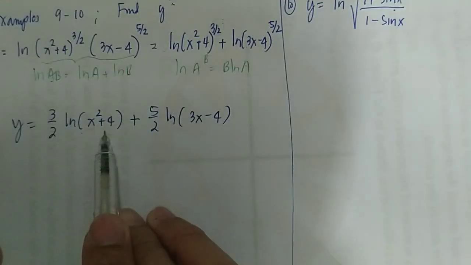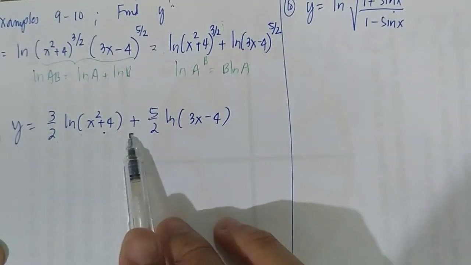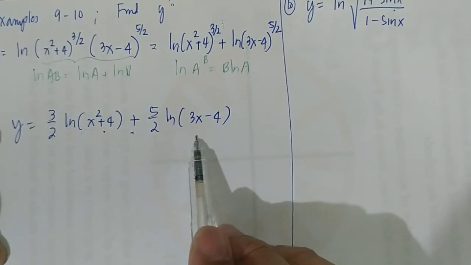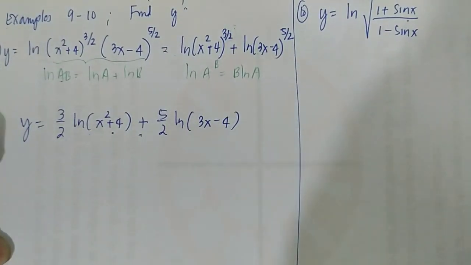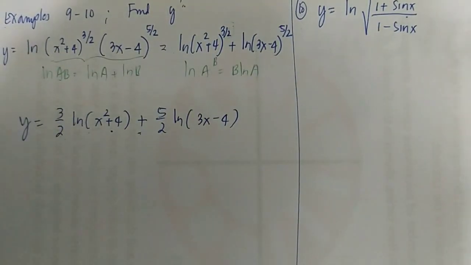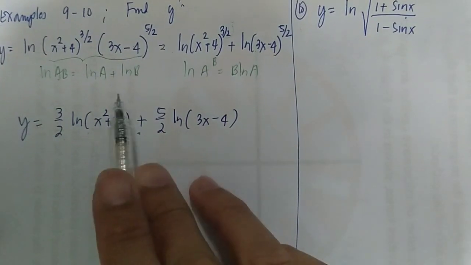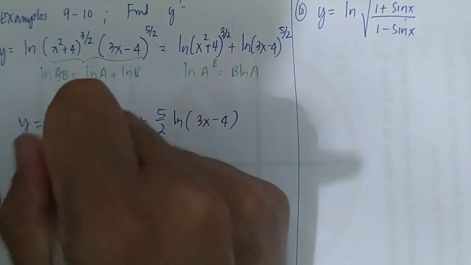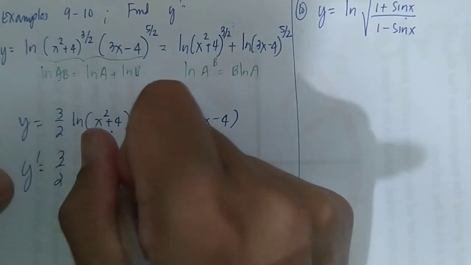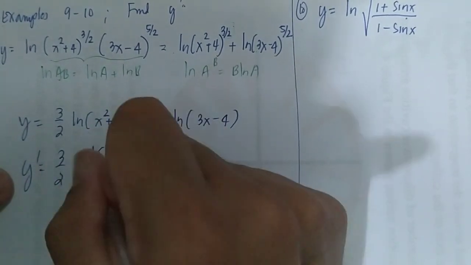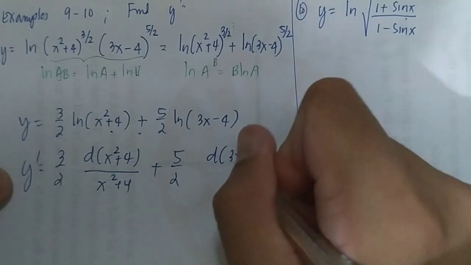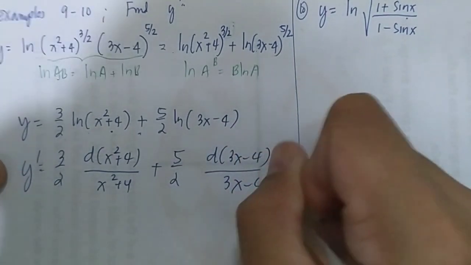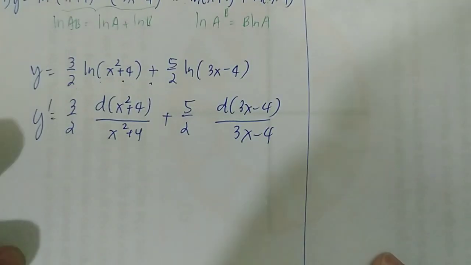So, if y is 3 halves ln x squared plus 4 plus 5 halves ln 3x minus 4, pwede na akong gumamit ng simple formula. So, that's ln of u is du over u. So, your y prime there is 3 halves derivative of x squared plus 4 over x squared plus 4 plus 5 halves derivative of 3x minus 4 over 3x minus 4.